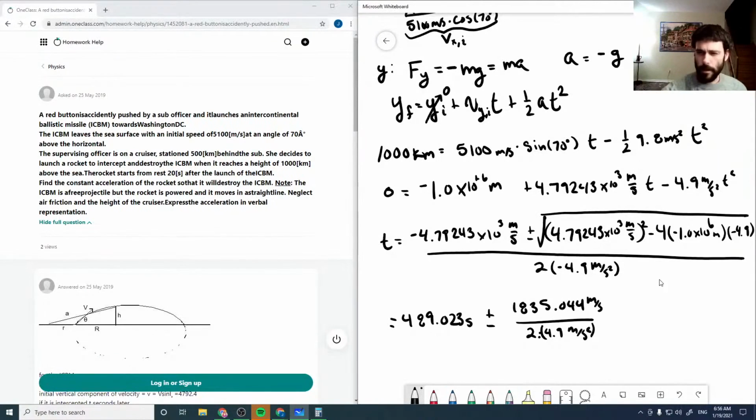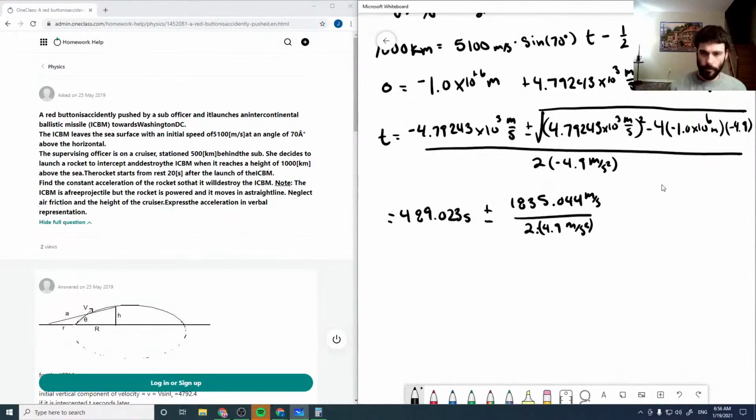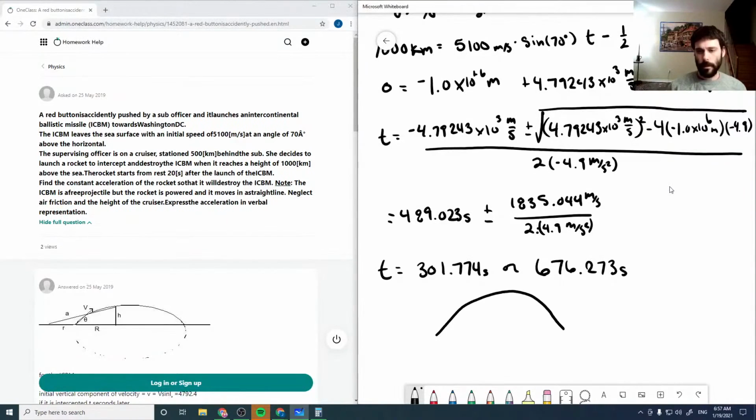So then our t is 301.774 seconds or 676.273 seconds. And these two times would just correspond to 2 points on the parabola where it equals 1,000 kilometers.